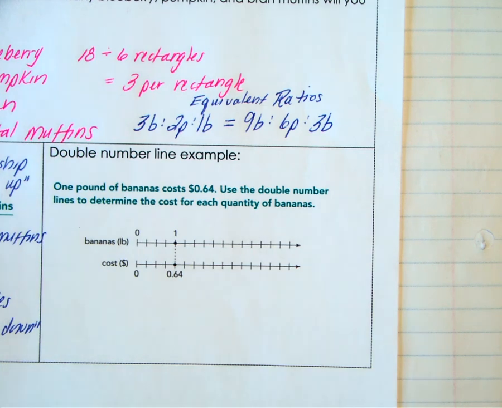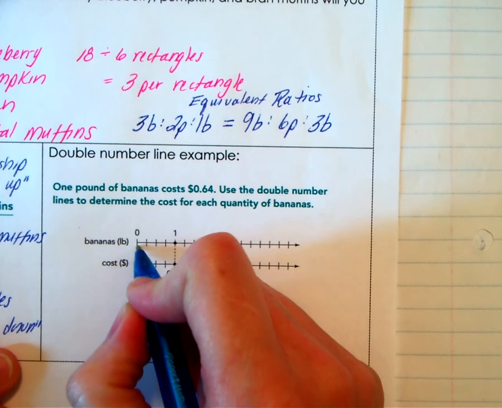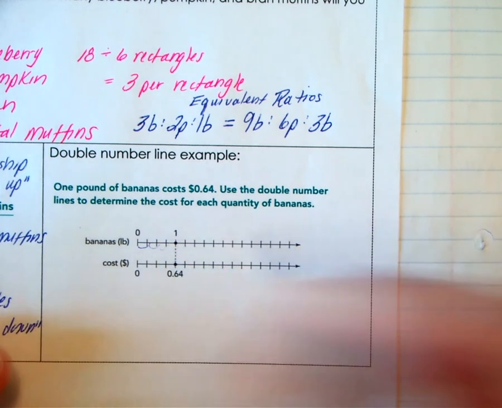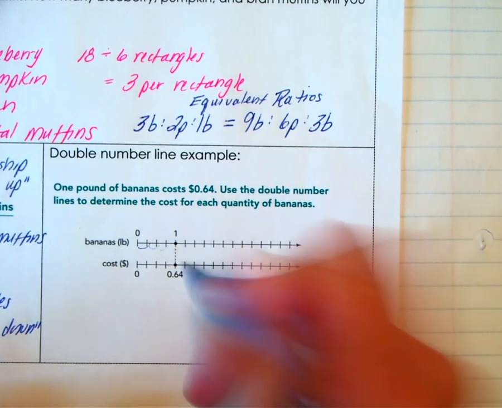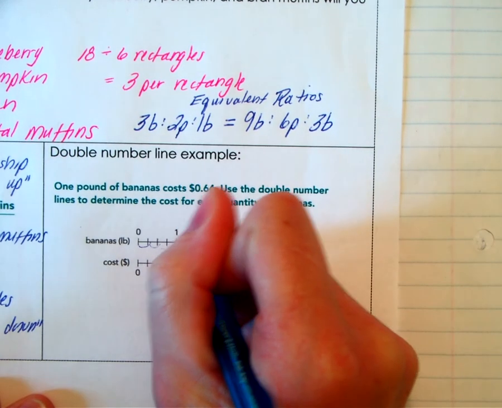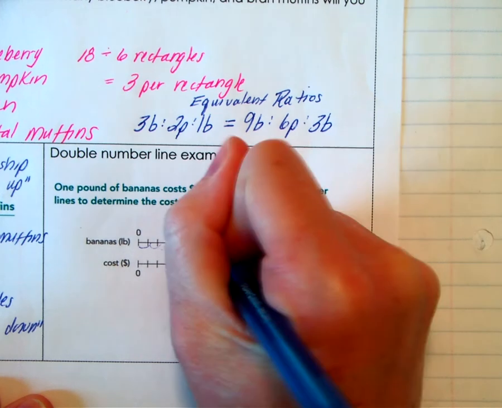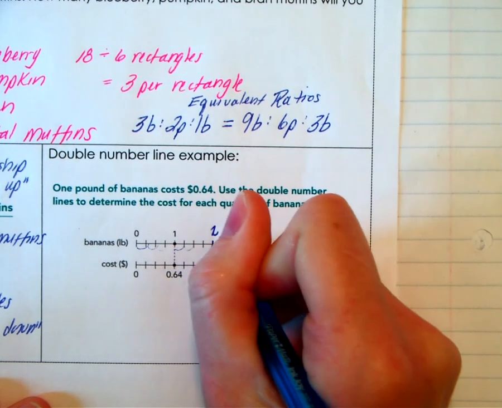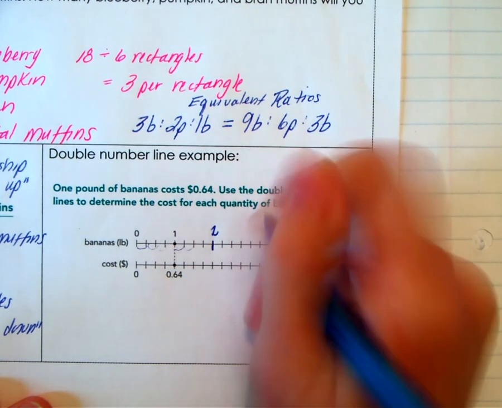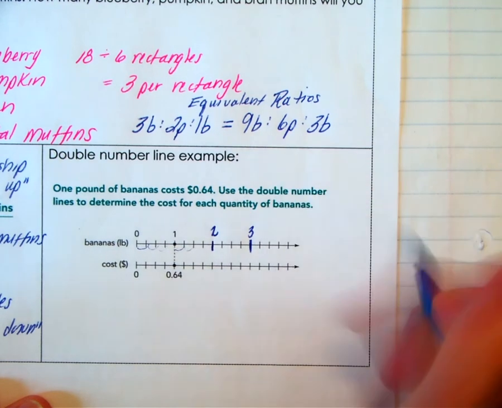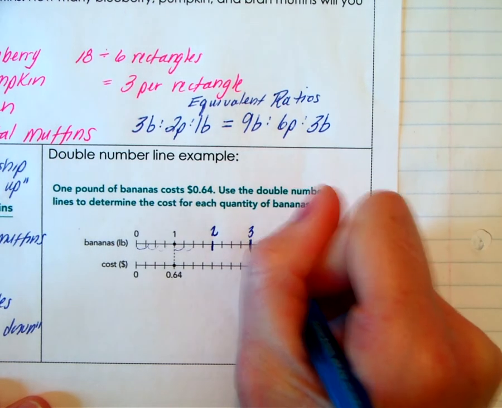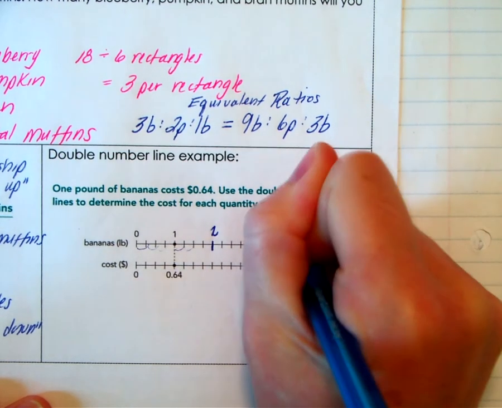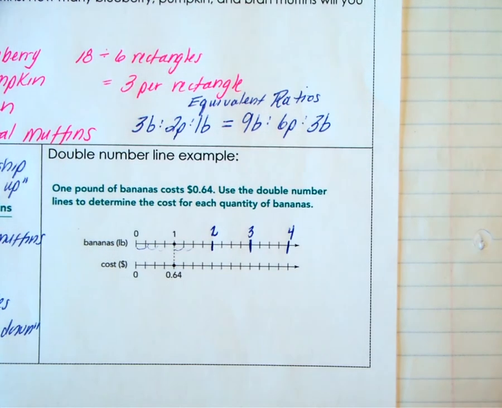I like to check what kind of scale they're drawing on. For example, 1, 2, 3, 4 spaces to get to 1. So 1, 2, 3, 4 spaces to get to 2 pounds. 1, 2, 3, 4 spaces to get to 3 pounds. 1, 2, 3, 4 more spaces to get to 4 pounds. So I have all sorts of pounds.